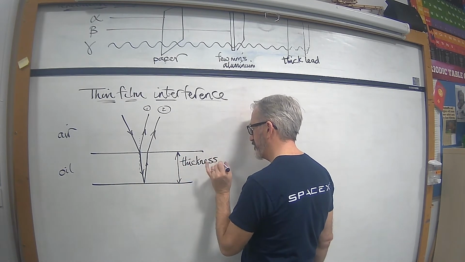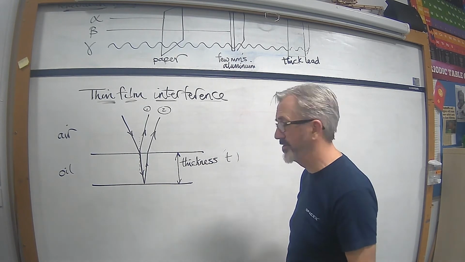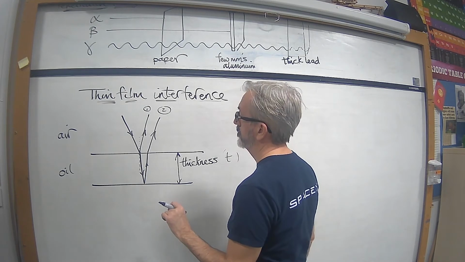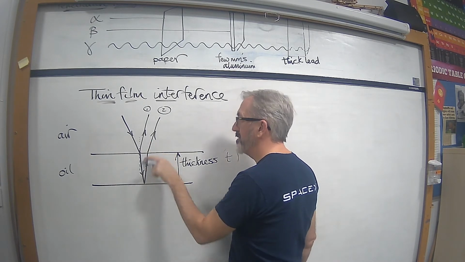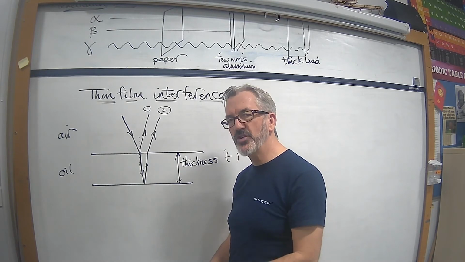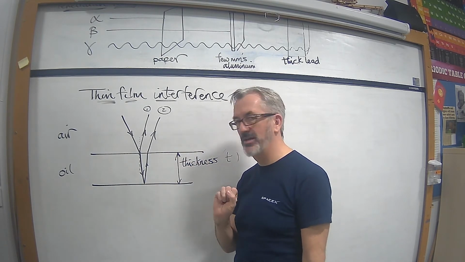That thickness, let's call it T, measured in meters. So if that second ray goes down and back again, then the additional path that it's followed is twice that thickness.